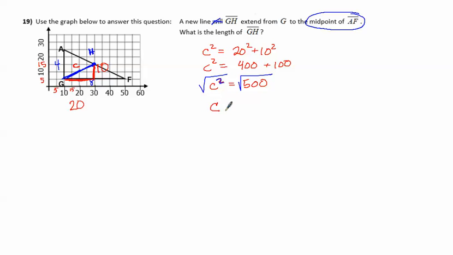So we get that the length of that side C is the square root of 500, which is 22.36, which we can round to 22.4. So the length of GH is 22.4.